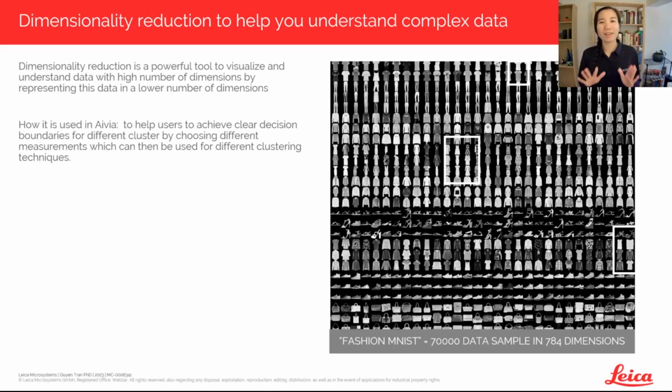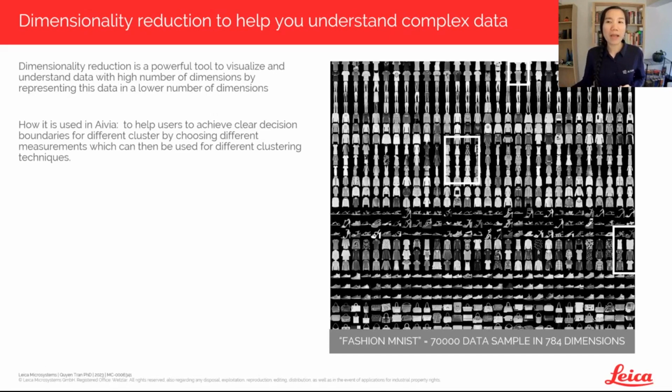Let's take a look at a non-scientific example to help us illustrate this. Here is a popular example data set that contains 70,000 samples of fashion-based items that are represented in 784 dimensions. You can just imagine the complexity of looking at 784 dimensions and parsing out and beginning to understand that data.